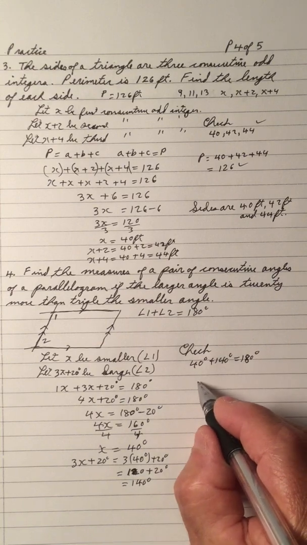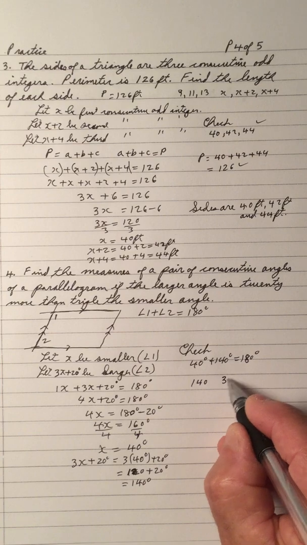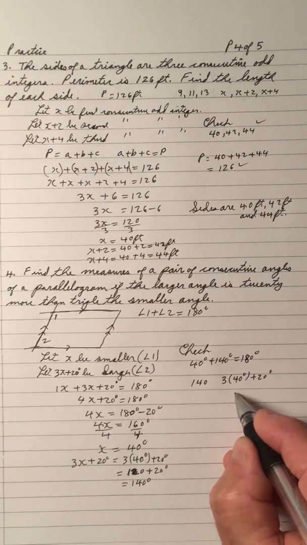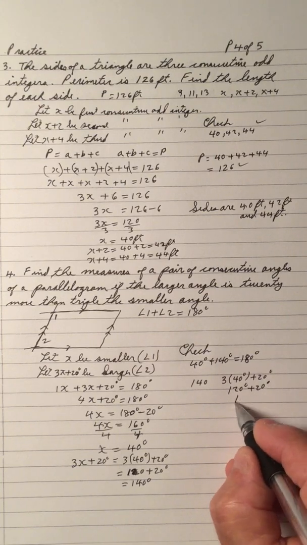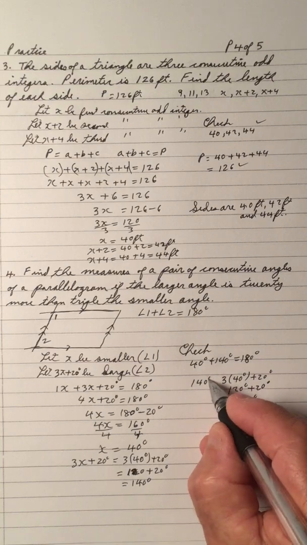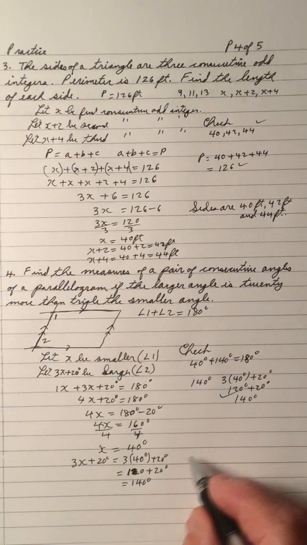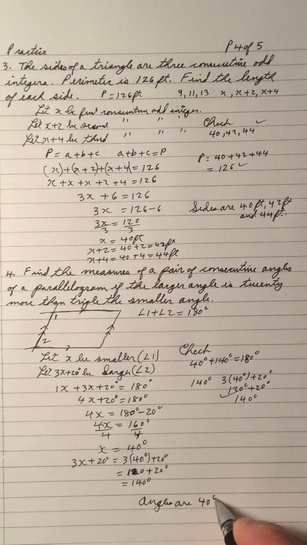And 140, which is the largest angle, is triple the smallest angle plus 20. 120 plus 20 is 140 degrees. So that's true. So the angles of the parallelogram are 40 and 140.